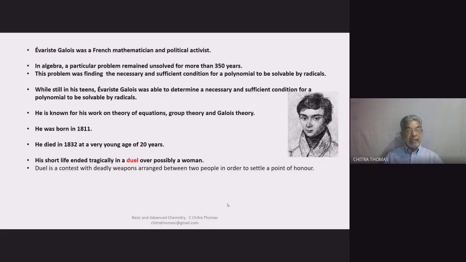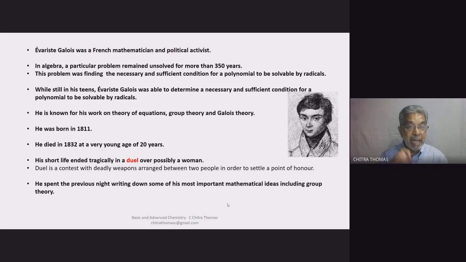And probably he had a premonition that he might die in the duel, so he spent the previous night writing down some of his most important mathematical ideas, including group theory. Till then, he never had the practice of writing down his ideas. Only on the previous night, he wrote down most of the important mathematical ideas, which included group theory.